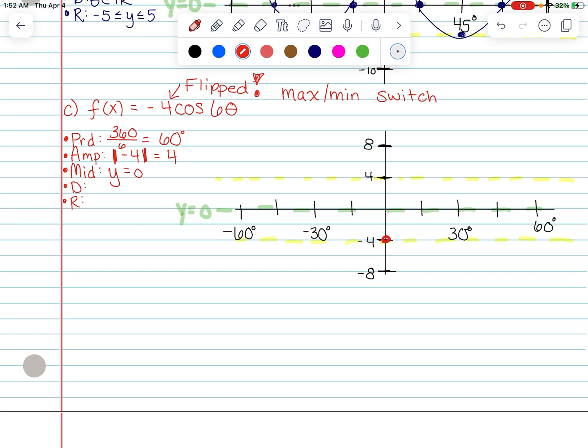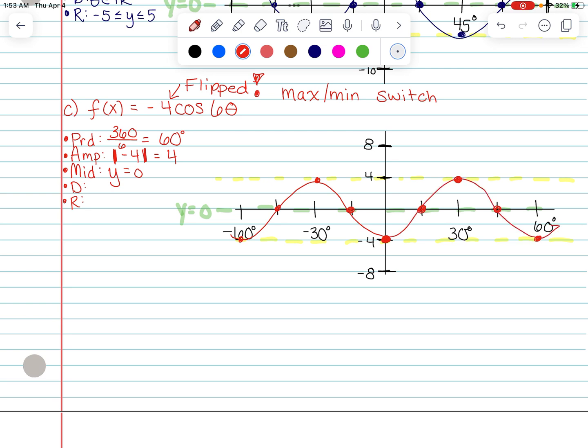So while I typically would start at the maximum, since it flipped over, I'm now going to start at the minimum. From the minimum, the only place to go is upwards. So I go here, keep going up until I hit the max, back down until I hit the min again. I was at the minimum, go in this direction. I have to go upwards, back downwards then.